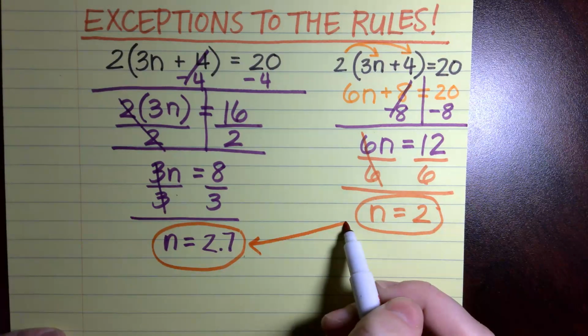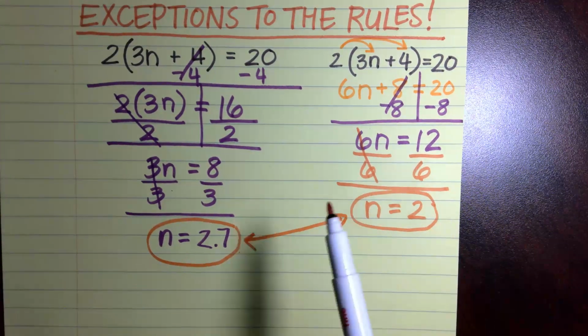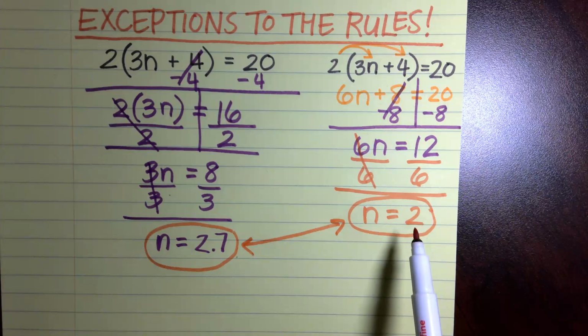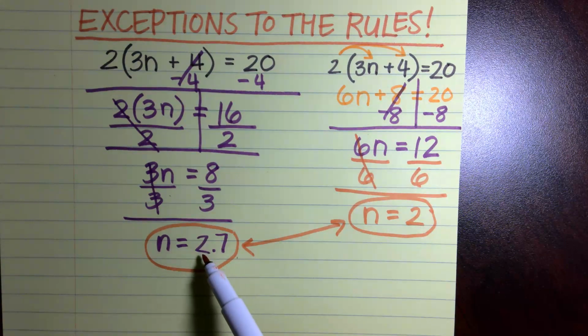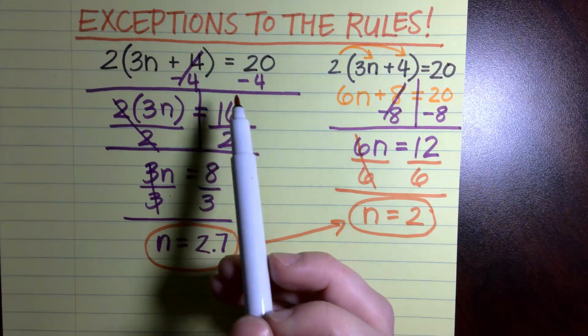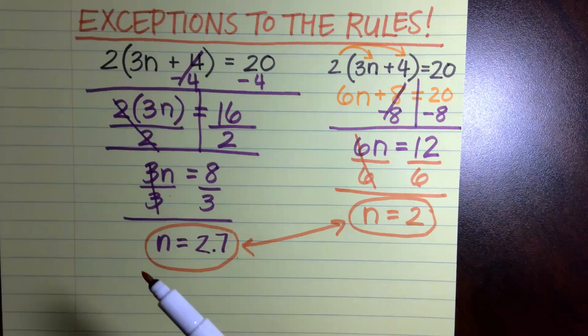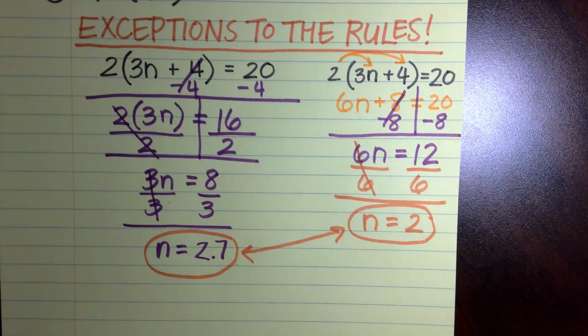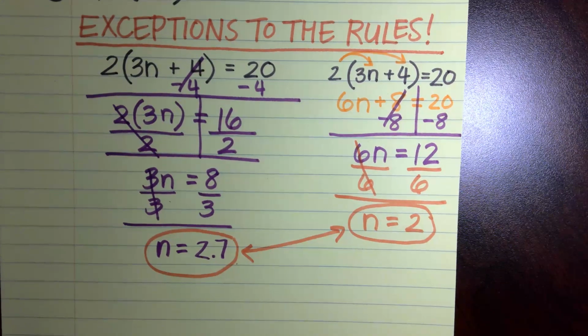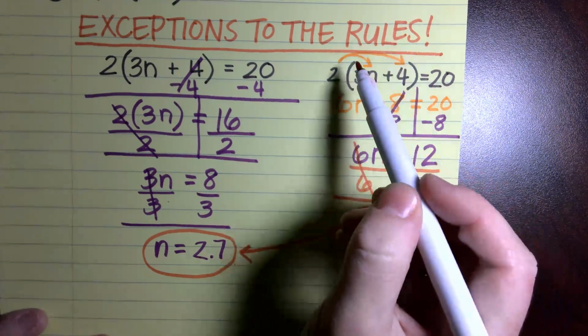We got 2 different answers. We got n equals 2 when we distributed first. We got n equals 2.7 whenever we did our addition and subtraction first. How do we know which one's right? I don't know, girl. Well, let's find out. Let's find out. All right.